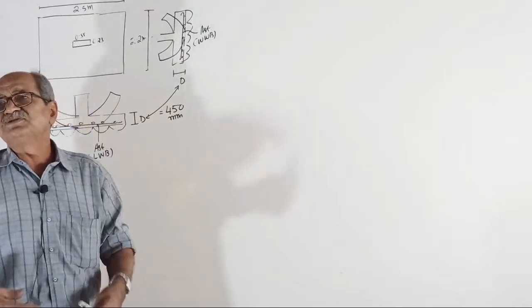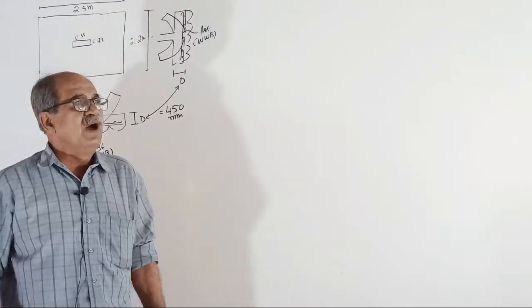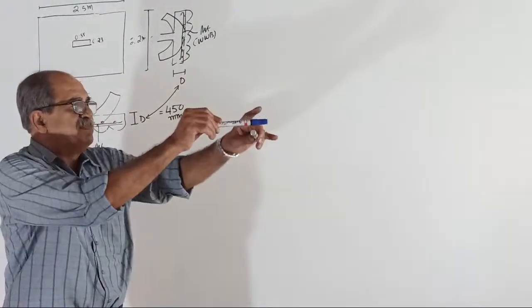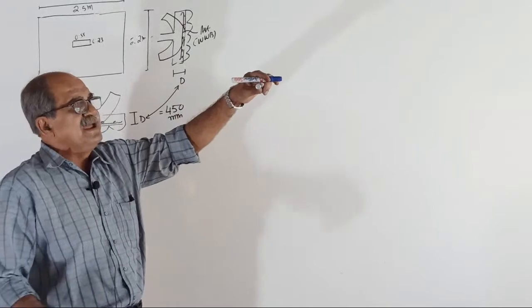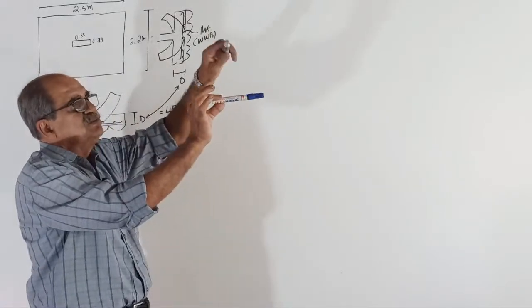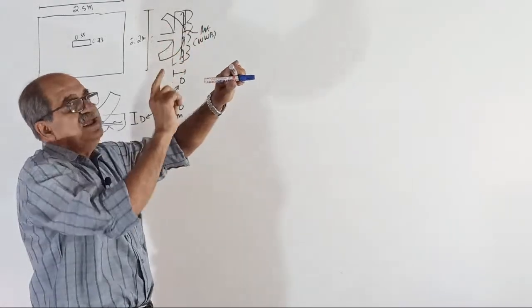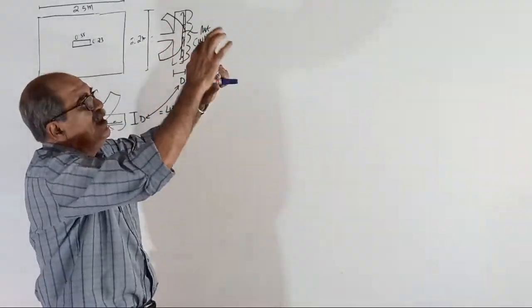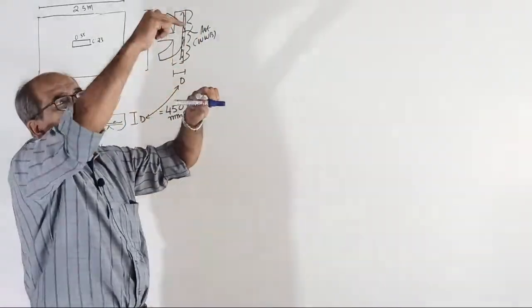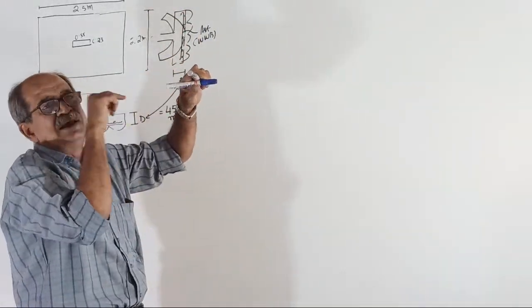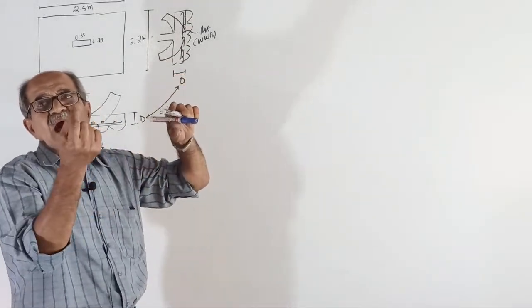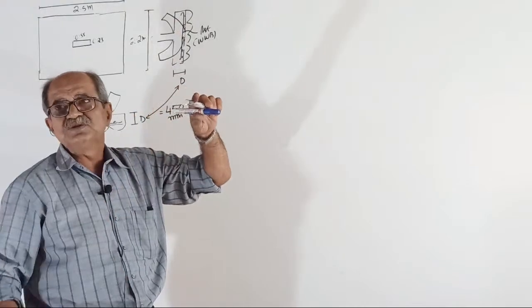One of them will have slightly higher d, the other slightly lesser d. Why? Common sense. See, bars are placed like this. If the lengthwise bar is placed here and the widthwise bar here, then the effective depth for lengthwise bending will be up to this center. The effective depth for widthwise bending is up to this center. So the lengthwise bending small d will be more than this one by half of the diameter of both.